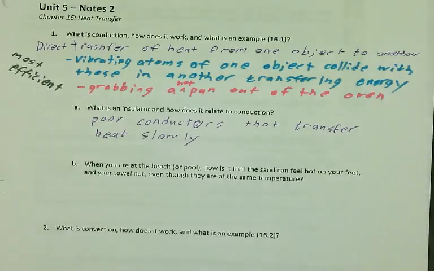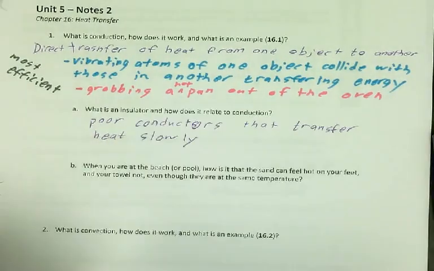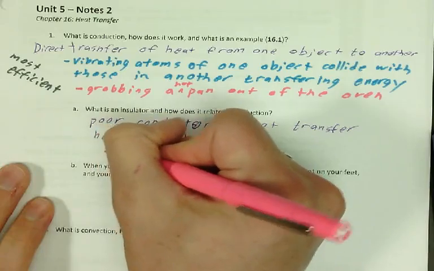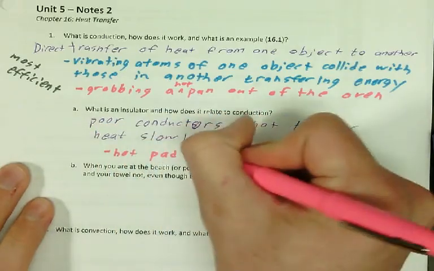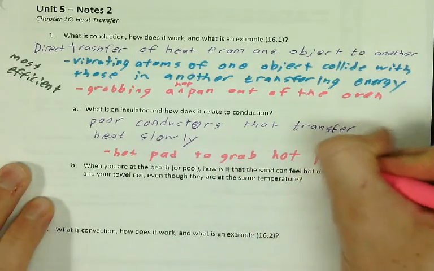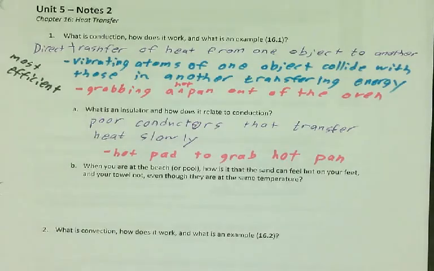Okay, so the example of this, you have a hot pan in the oven, but it has food on it, and being the high school students you are, you want to eat that food. So how do you do that? You use some sort of hot pad or towel to grab the hot pan. Because that's a poor conductor. So you can hold on to it for longer before it heats up too hot and burns you.